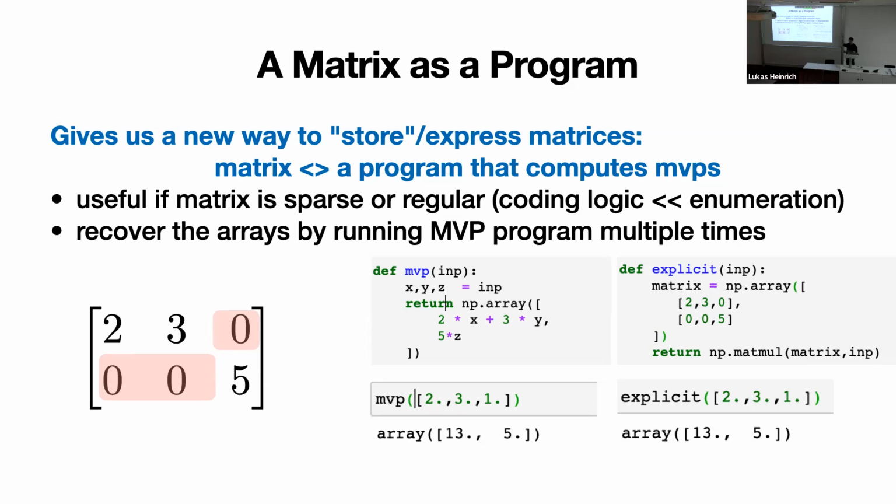But you have lost no information because you can just throw a sufficient number of vectors at this matrix vector product program, and then you'll recover all of the entries that you need, right? Okay, so that's great. So we can store matrices as programs, and this is important to keep in mind for our discussion later on.